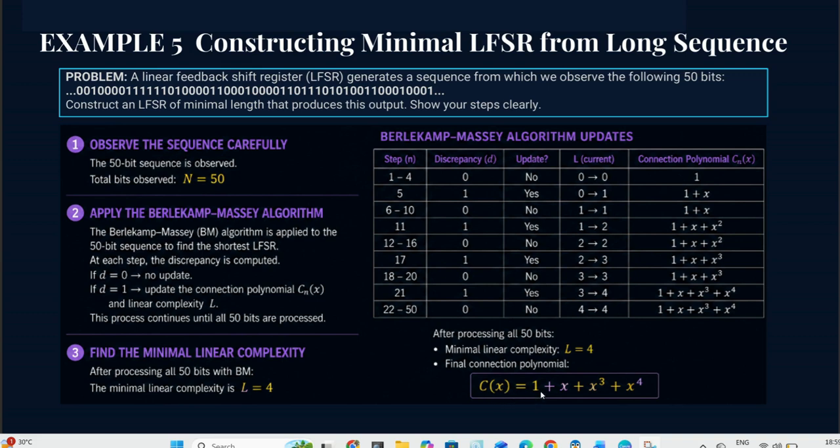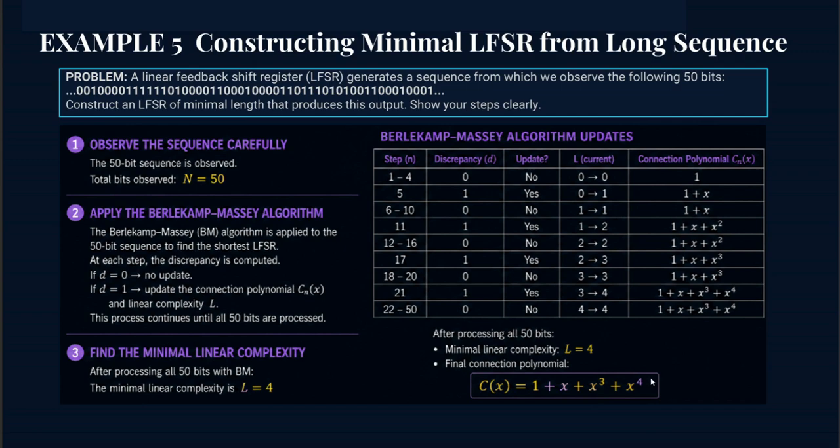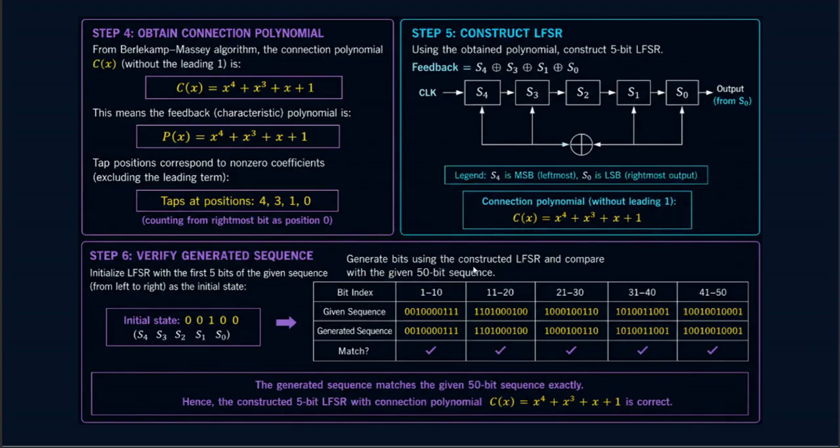And the final connection polynomial becomes C(x) = 1 + x + x^3 + x^4. This polynomial represents the feedback structure of the LFSR. The non-zero coefficients tell us which stages participate in the XOR feedback. Now let us rewrite the polynomial in standard form.